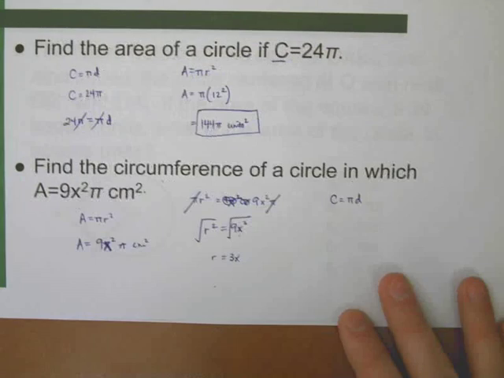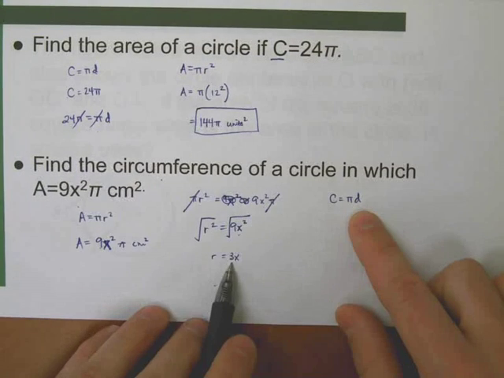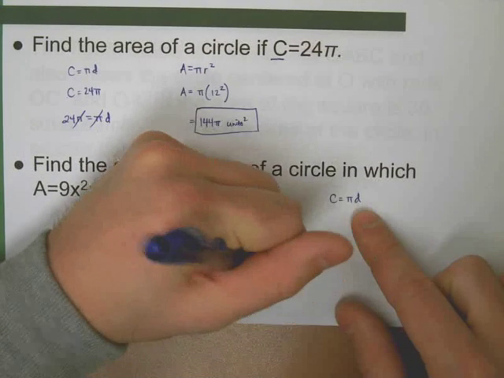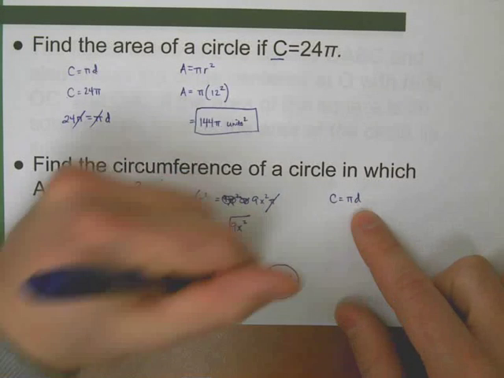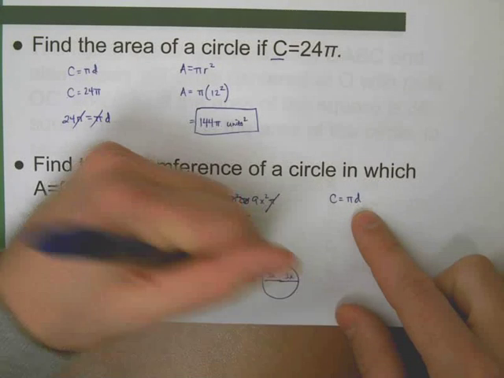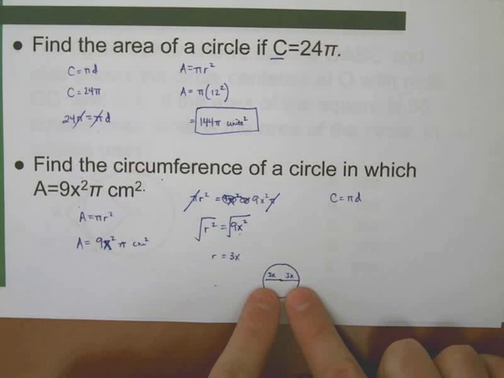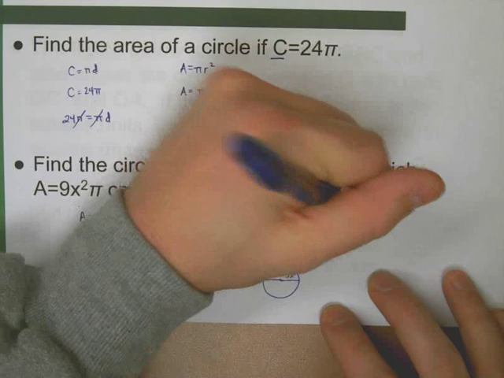Okay, well, circumference is pi times diameter, right? And the diameter is twice as long as this. So if I have a circle that's 3x units to go halfway across, that means it must be another 3x units to go all the way across, which means I have a total of 6x units, right?